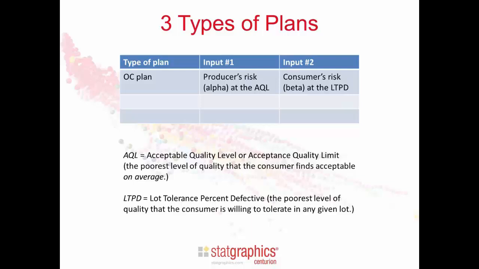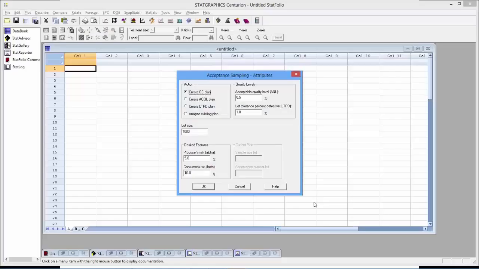Now, let's go back to Statgraphics. We're going to start here by creating an OC plan. And let's suppose that we are producing a lot with 5,000 items. Or we've probably already produced it. We're going to take a sample from it. Okay. The producer's risk is currently set at 5% at the AQL, and I'm going to put in for an AQL 1%.